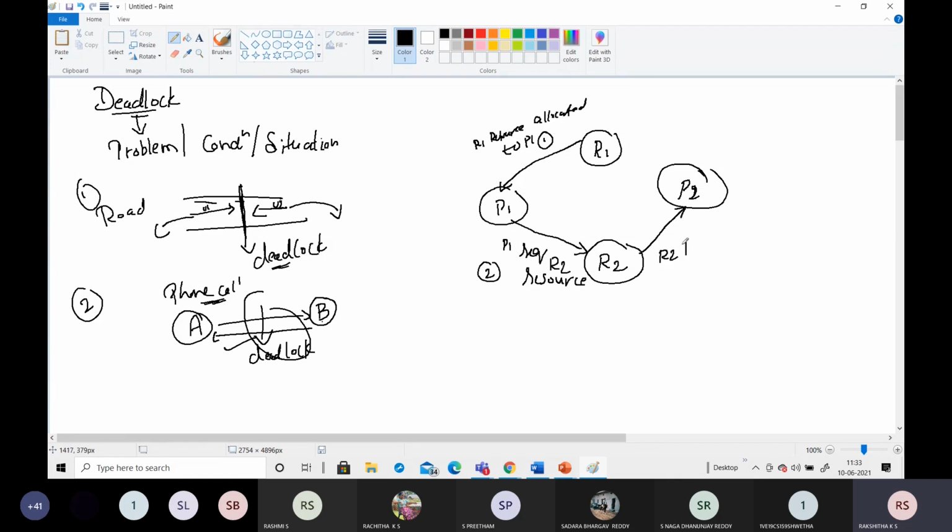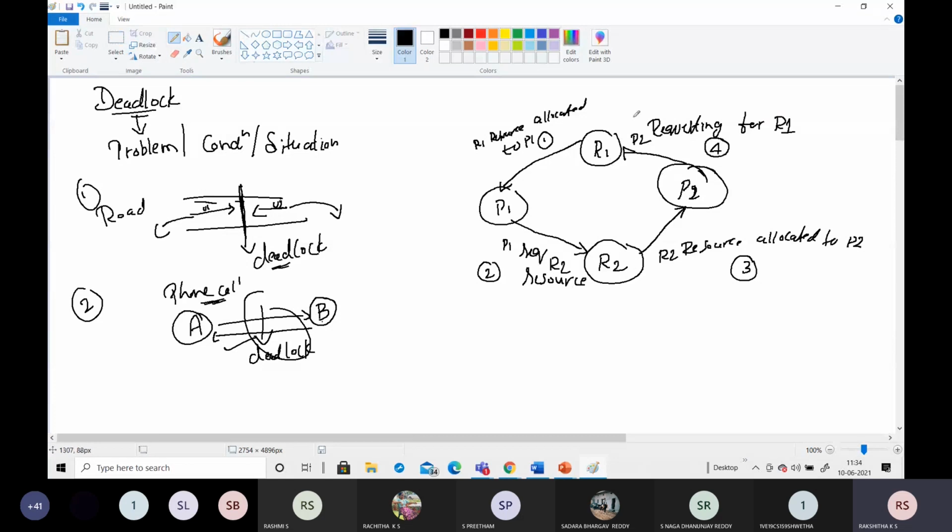Again, P2 is requesting the R1 resource. Let me take the third step: R2 allocated to P2, and the fourth step: P2 requesting R1.